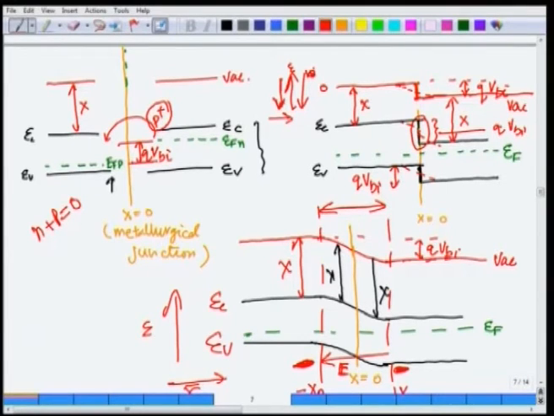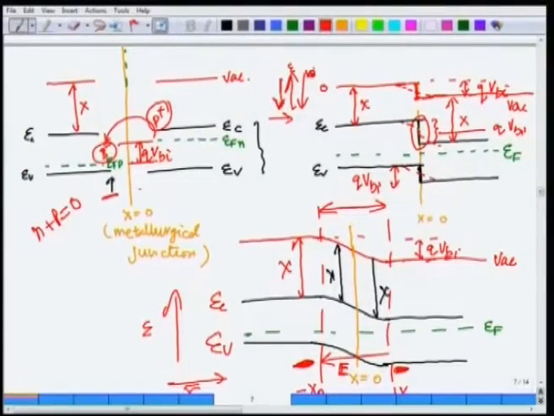That led to some boron minus being left on this side, that means acceptor ionized. Remember, boron minus and a hole are neutral. The electron which came from the other side annihilated the hole, so what was left was boron minus. So now I have negative charges lying here and positive charges lying here, then clearly the electric field will set up in this direction. That is what we are seeing also in this case right here.